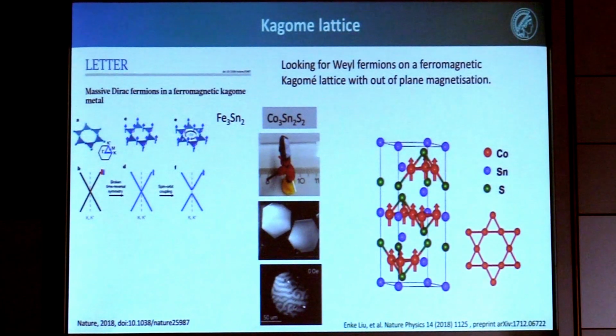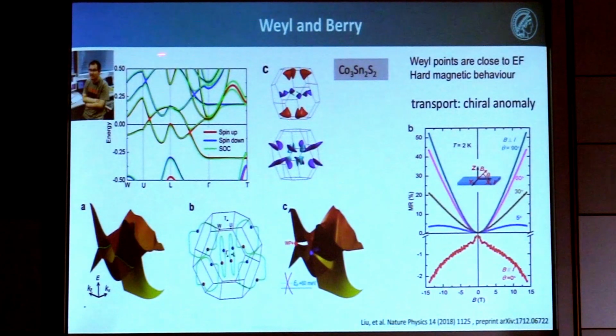So this looked very interesting to us, and what we always do is a DFT calculation, and this is a DFT calculation. And everybody in the room now recognizes there are Weyl points close to the Fermi energy, because this can be recognized even by somebody who has no idea about physics, because simply every crossing point in this ferromagnet is a Weyl point. So this is a crossing point. So they are very close to the Fermi energy.